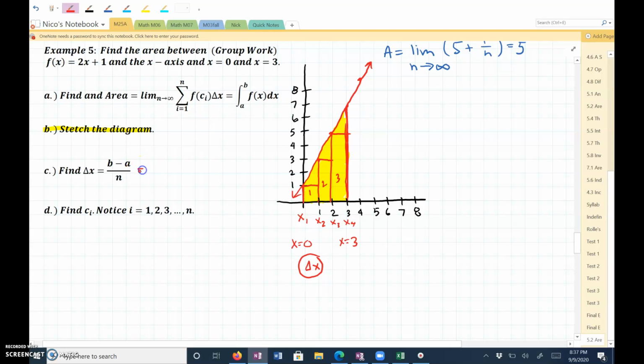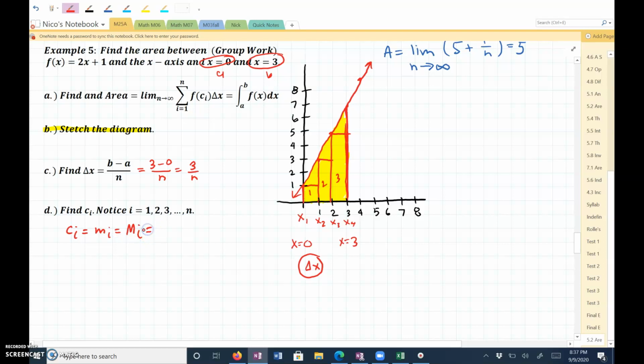So to find this, remember that this will tell you A and B. So this is A, and this is B. So this would be 3 minus 0 over n. So this is going to be 3 over n. Remember, C sub i is basically telling us that we can use m sub i or big M sub i.